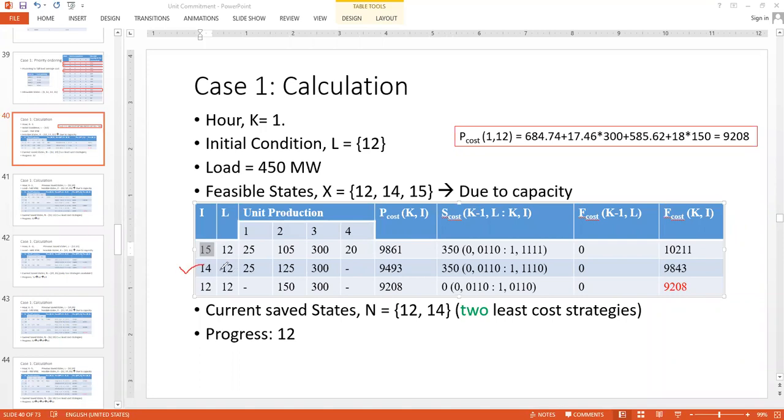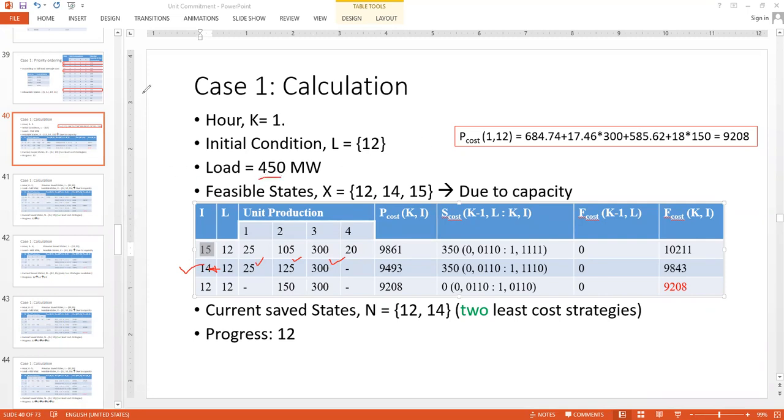What is the transition from 12 to 14? State 14 means you have unit 1, unit 2 and unit 3 available, but unit 4 is not available, so this is 0. Now the question is, how much should you take from unit 1, unit 2 and unit 3 for satisfying a demand of 450 megawatt?